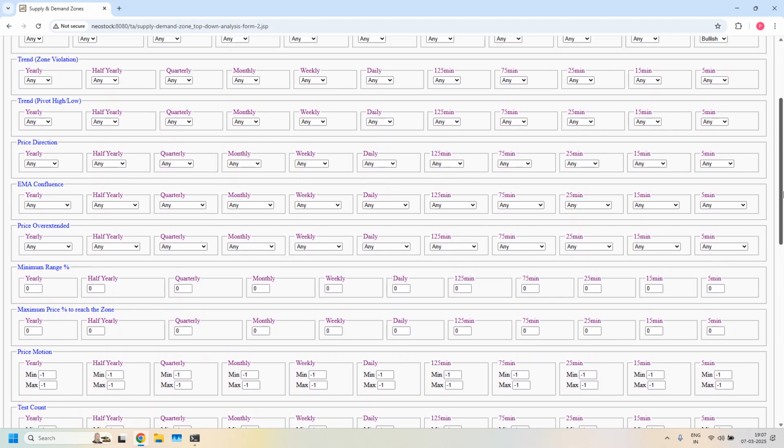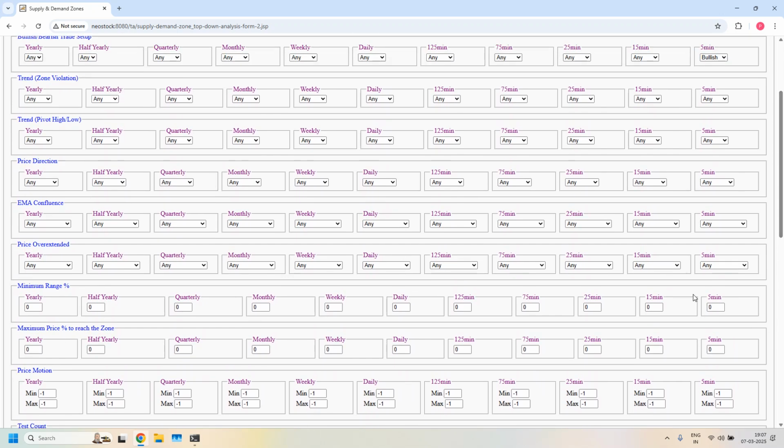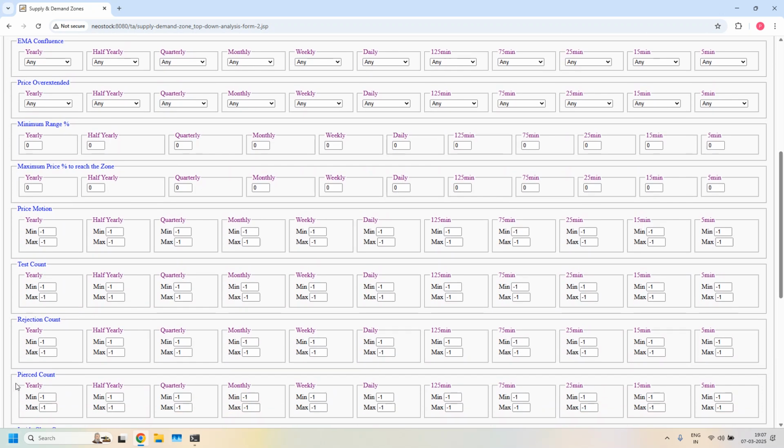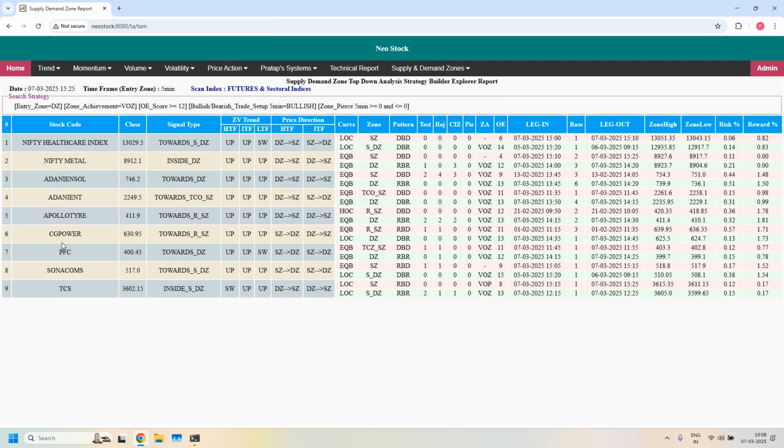So in the pierced count, here in the pierced count at 5 minutes time frame, I am selecting minimum value 0 and maximum value 0. With these filters, we got 9 stocks.